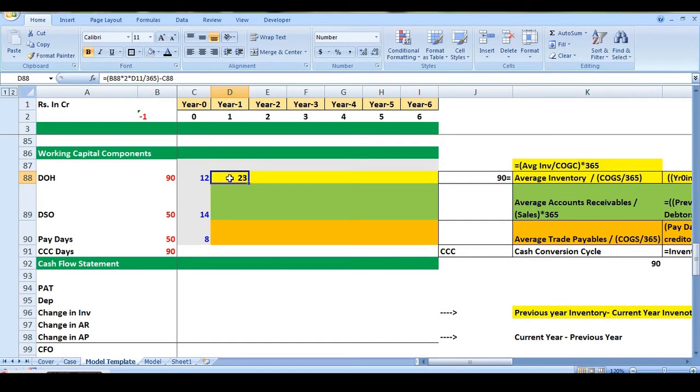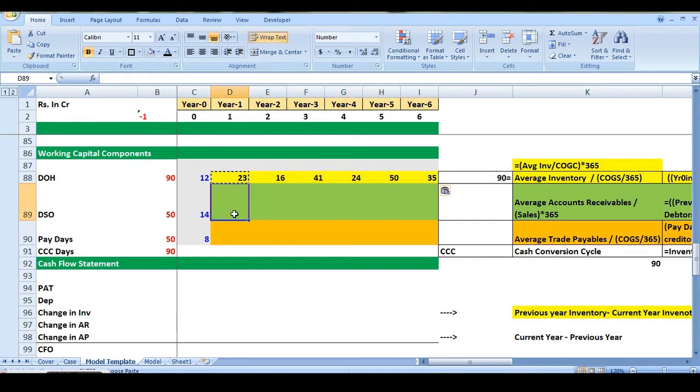Now if we want to drag this formula, the holding period is supposed to be constant for all the calculations. So we simply freeze that value and now we can drag these values for the rest of the periods and we get the correct values like this.